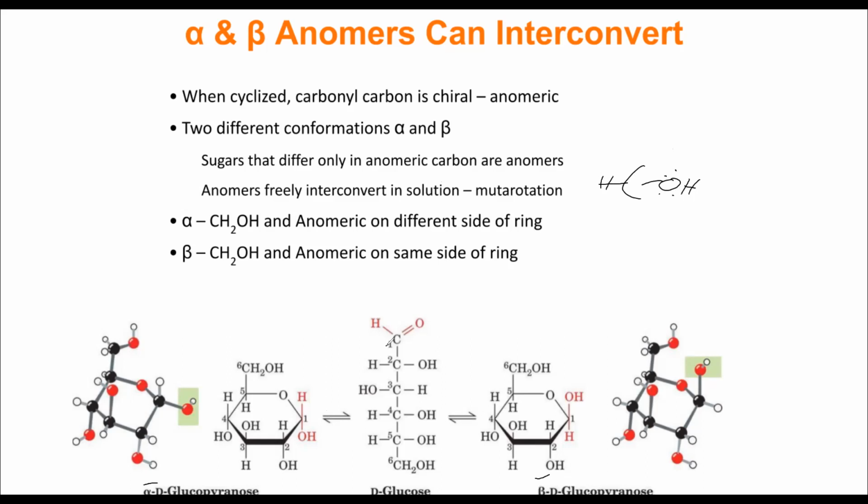The reason for this is because around this carbonyl carbon, you have a carbon-carbon single bond. If you remember from organic chemistry, molecules that are part of single bonds are rotating. So across all of these single bonds, you have rotation. And depending where you are in the rotation when you have this attack, you'll get one of two forms. You'll get either the alpha form of your pyranose or the beta form of the pyranose.